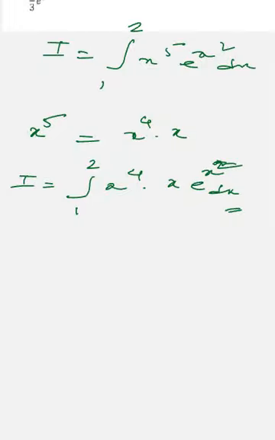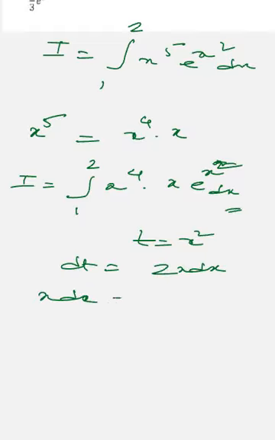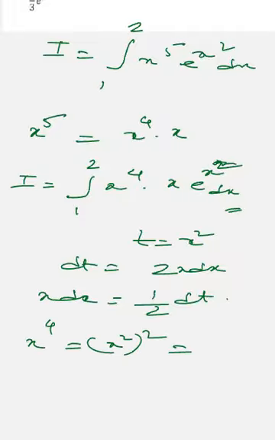Let t = x^2. Then dt is what? 2x dx, right? So x dx is half dt. Then convert the remaining term: x^4 is (x^2) squared, that is t^2. Now substitute everything.